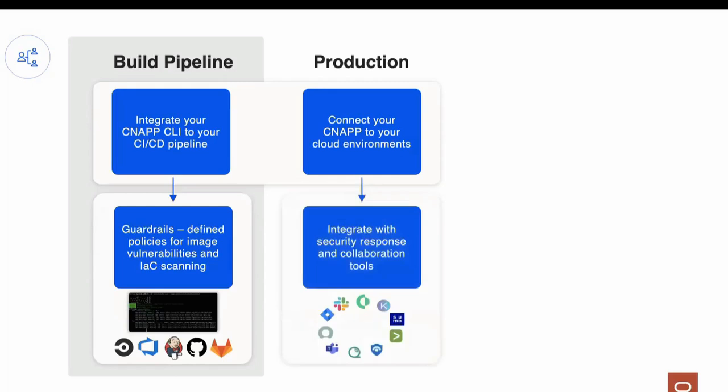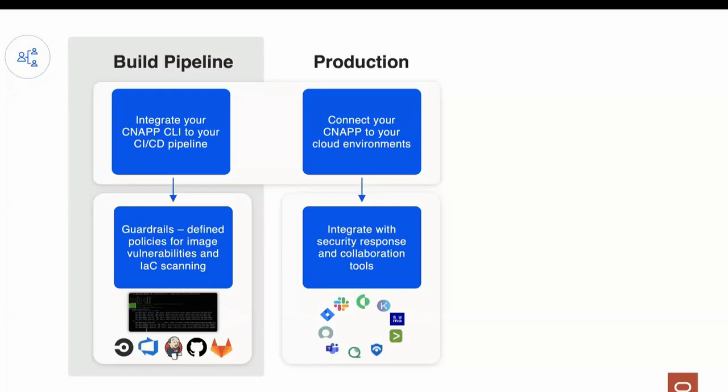Production can also be monitored the same way using the same policies. And this is really critical for a CNAPP platform. If in your build pipeline you're using a separate tool to scan for vulnerabilities or secrets or configuration issues that is separate from production, you're still running into the same problems, because you might have developers scanning with one tool.